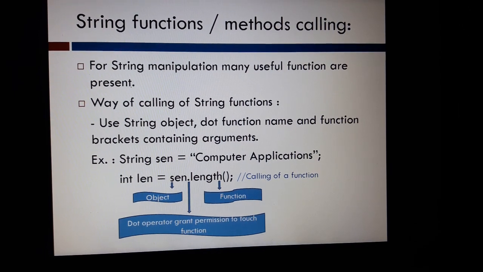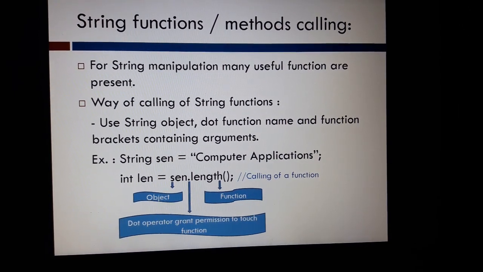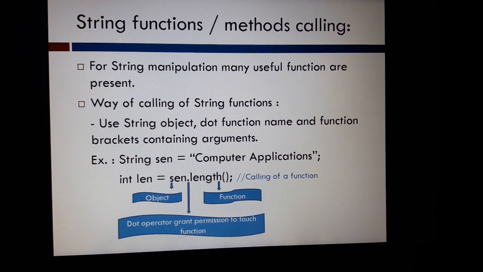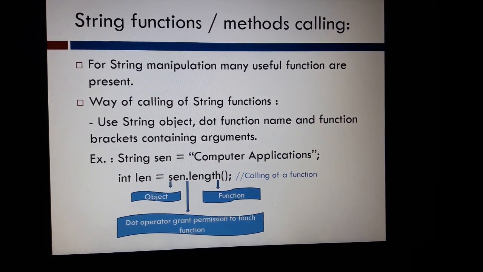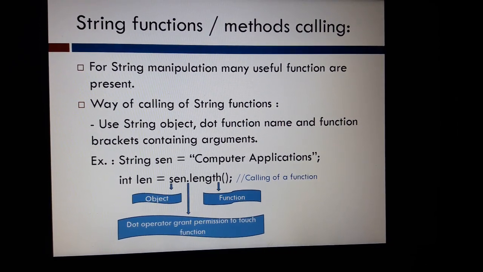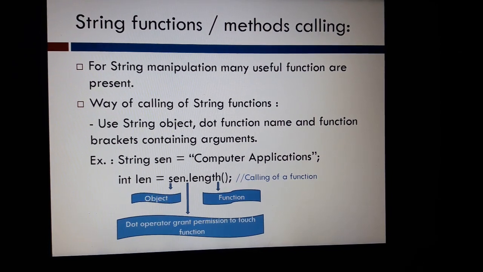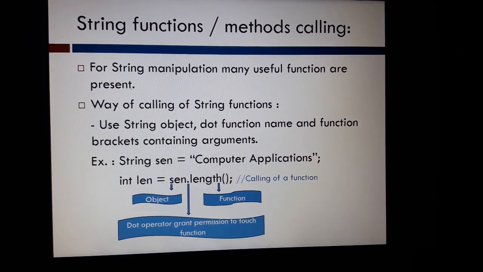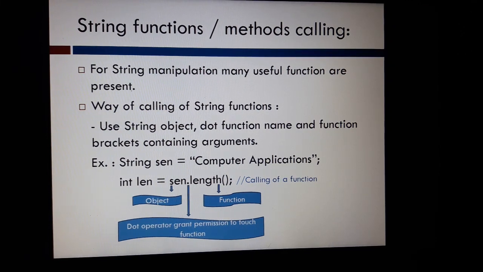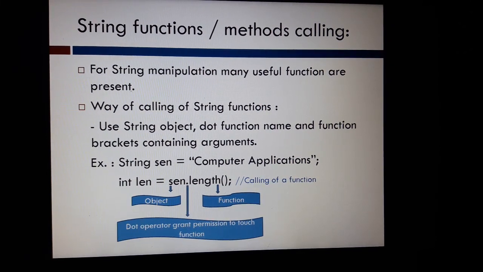See, I have taken one example, String sen equals to double quotes computer applications. sen is an object, String is a class, and we are calling a function by writing sen dot length, bracket open close, semicolon.